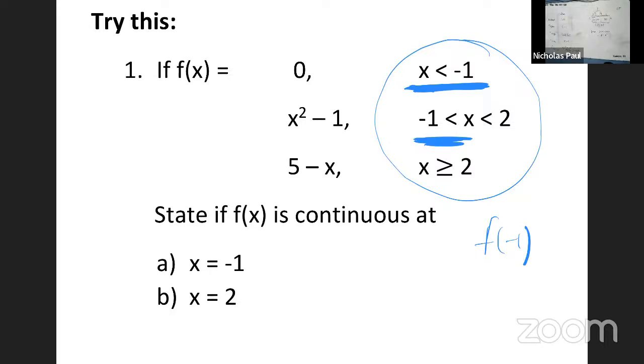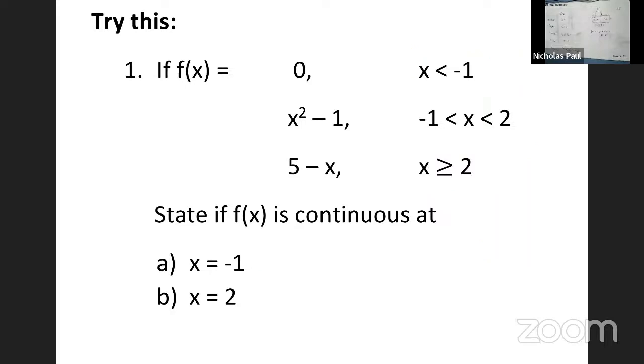So without drawing it, you can all see this one. -1 is nowhere in there. So therefore, you're sure it will be discontinuous. All right, go ahead. Try and draw that, and then we'll take a look at how to work it out formally. But you know the answer already. I really want to see you draw this.